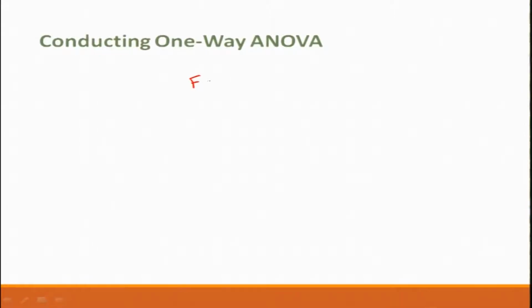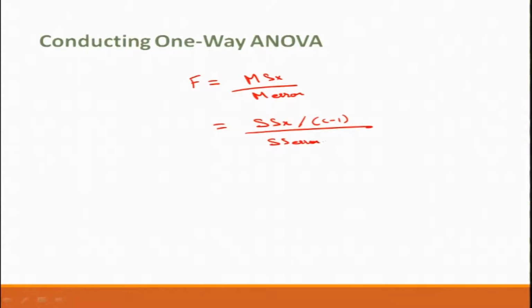The F, which I just said, is MSX by MS error. This is equal to SSX by its degrees of freedom and SS error by its degrees of freedom.